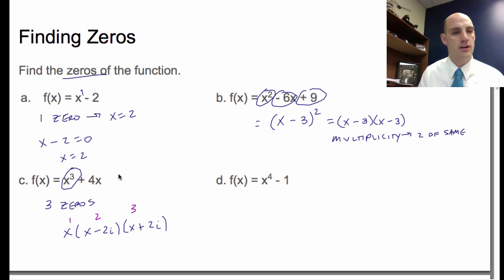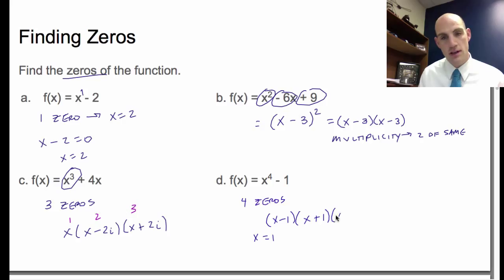In this case over here, we've got 4 zeros. When I break them down, I'm going to have x minus 1, so x equals 1. I'm going to have x plus 1, and another x plus 1, and an x plus i.